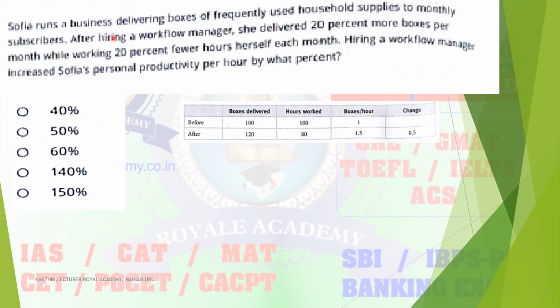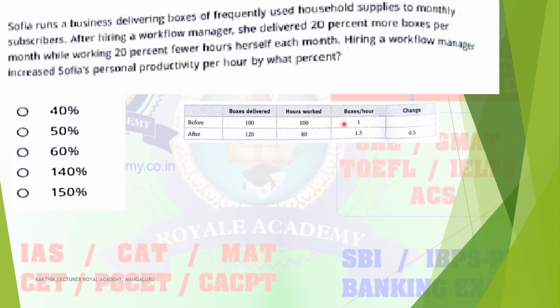After hiring a workflow manager, she delivers 20% more boxes. 20% more boxes is nothing but 20% of 100 added, that is 120. It increases to 120 boxes per month while working 20% fewer hours. Fewer is nothing but less hours, so 100 minus 20 hours is required, that is nothing but 80.